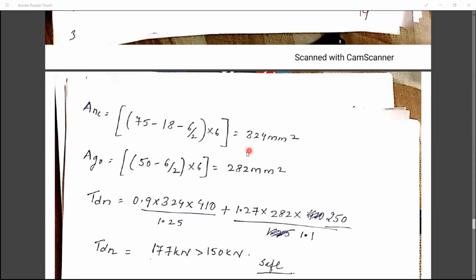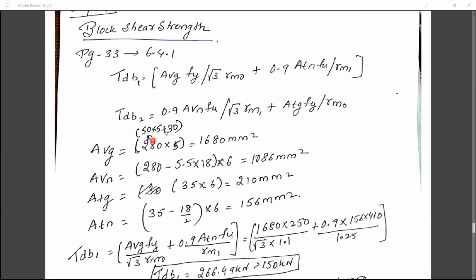So 280 into 5, that is 1680 mm square, where 5 is nothing but the number of bolts.